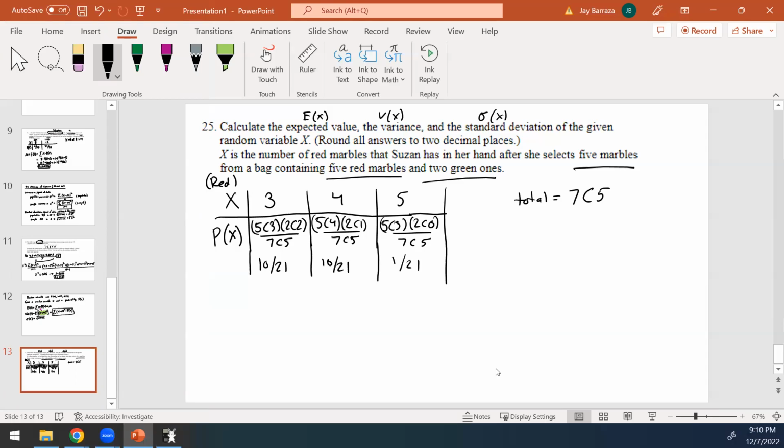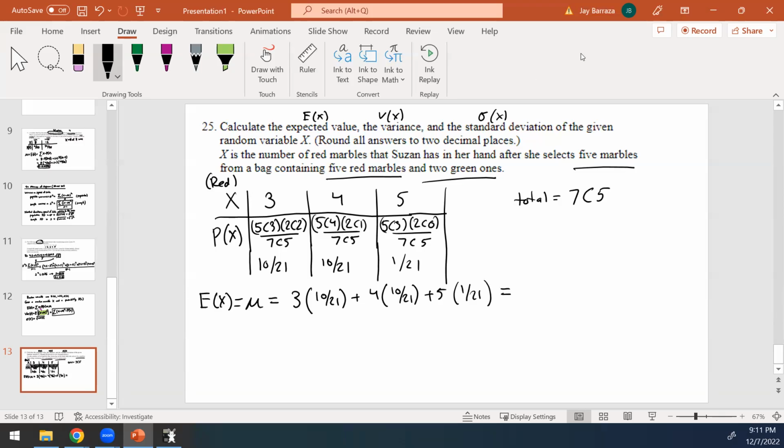All right. So now I have the probabilities and I have the random variables. So the expected value, which is going to be equal to mu, is just 3 times 10 over 21 plus 4 times 10 over 21 plus 5 times 1 over 21, like that.